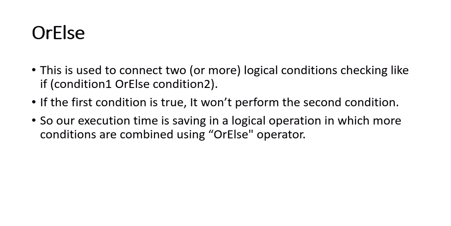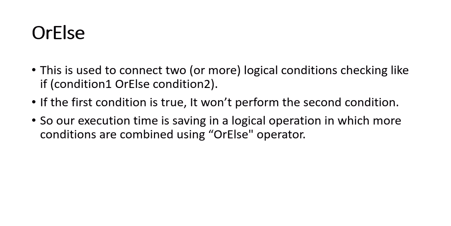For example, if you want to check whether the employee is from the IT department, the admin department, or for example the accounting department, and then you want to perform certain things. Then you can put the condition like, okay, if the employee's department is equal to IT, OrElse department is equal to admin, OrElse department is equal to account.